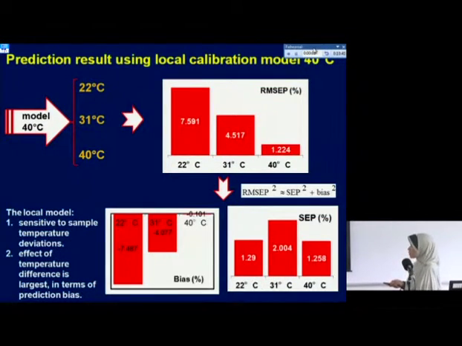And then the same result was observed for the local calibration at 40 degrees Celsius. Using calibration at 40 degrees Celsius, we obtain good prediction for the samples at the same temperature and worse prediction for the samples at different temperature. Also, the effect of temperature difference is larger in terms of bias, not SEP.